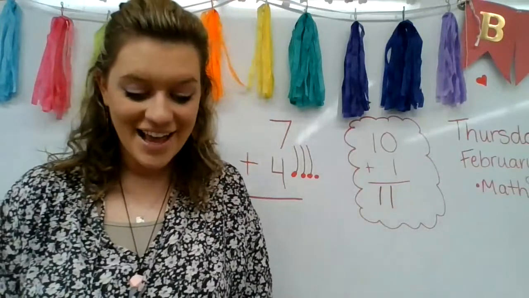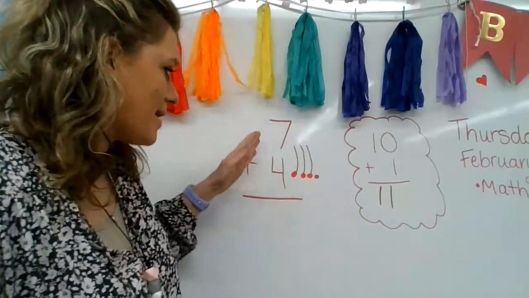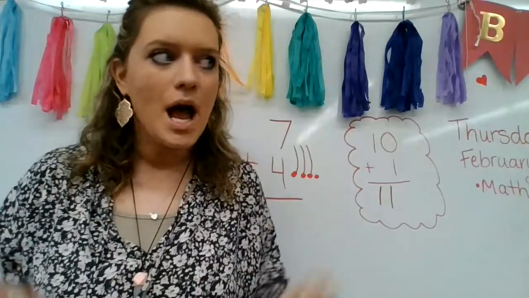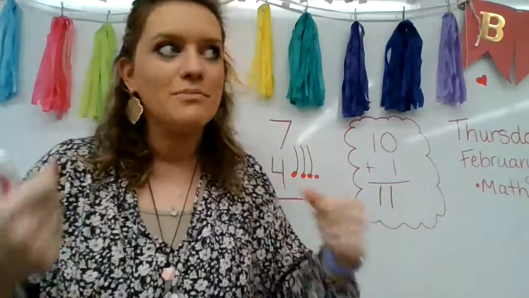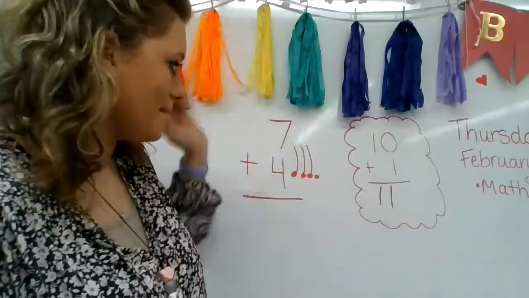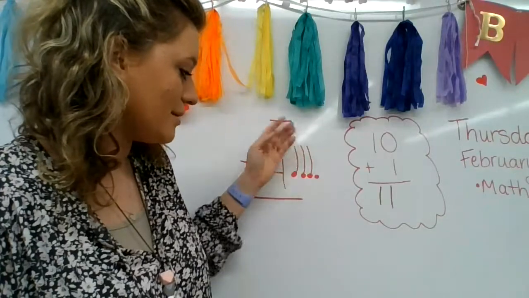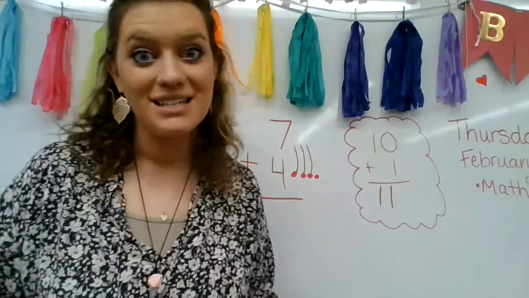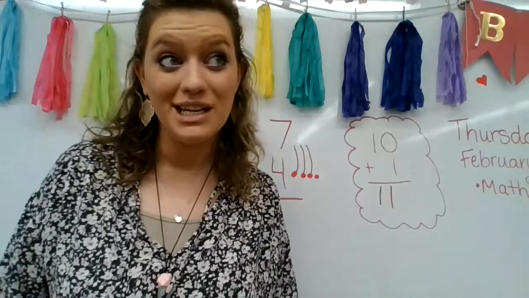Just like that. So we were able to take a math problem, 7 plus 4, that looks kind of tricky at the beginning, but quickly know 7 plus 3 is 10. Ooh, I can get to 10 quick. So I already used 3 of those numbers. So that's why 3 of those numbers are gone. So there's only 1 left. Or you can think about it as 4 and I took away 3.